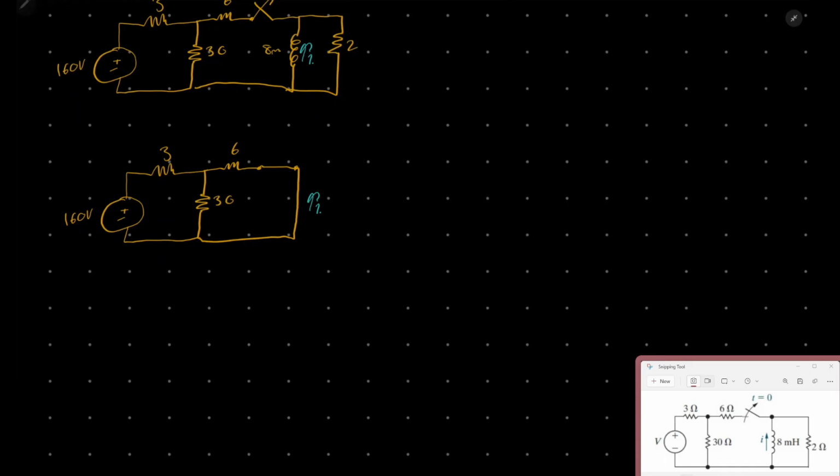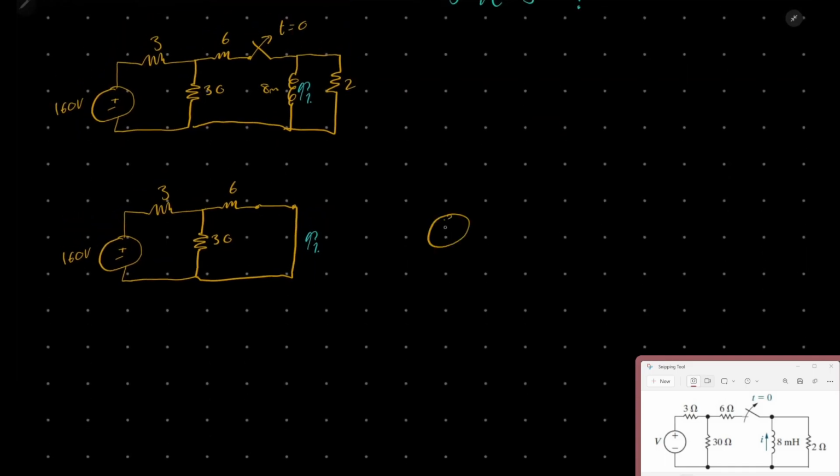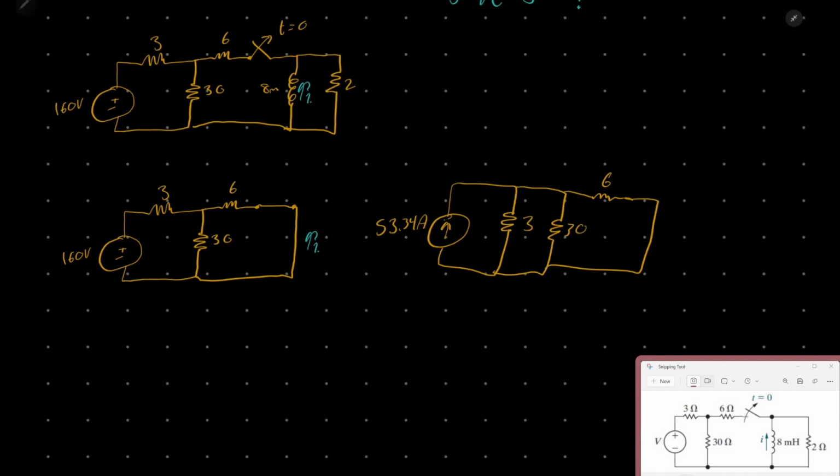So we'll redraw the circuit over here with the current going up and our resistor in parallel with it, our 3 ohm resistor. So this will be 53.34 amps, and our 30 ohm right here, our 6 right here, and we need to get the current going right here.